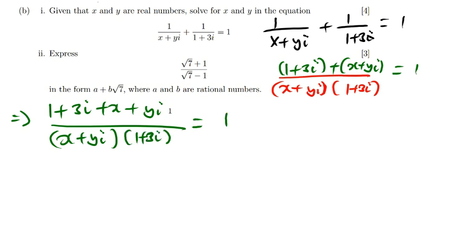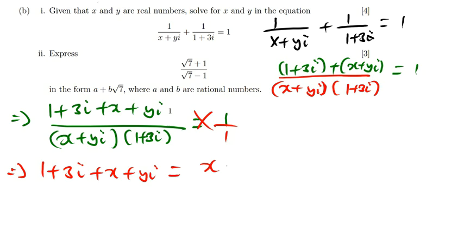This has to be equal to 1. So I can cross multiply now. I'm going to find that I'll have 1 plus 3i plus x plus yi is equal to x plus yi, then I have 1 plus 3i.